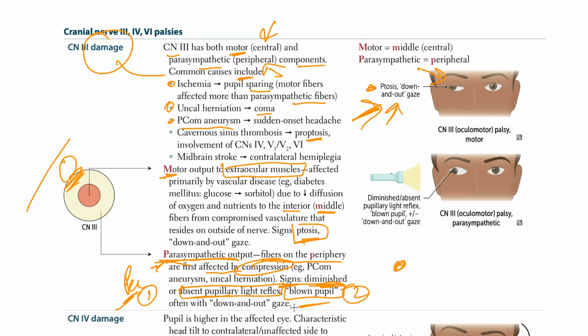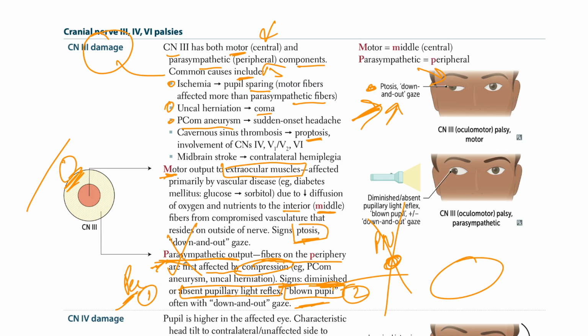All right. The second thing is blown pupil, which is just dilation of the pupil, because now you can't constrict it. Now recall who was constricting this pupil. Well, the constriction, meiosis, was done through parasympathetic fibers, right? You're knocking out these parasympathetic fibers. You cannot do meiosis anymore.